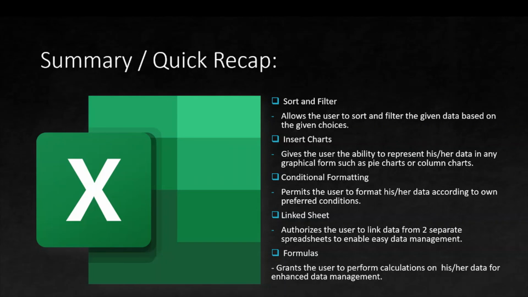For linked sheet, it authorizes the user to link data from 2 separate spreadsheets to enable easy data management. You can link sheet from sheet 1 to sheet 2, sheet 2 to sheet 3, or whatever you prefer. For formulas, it grants the user the ability to perform calculations on his or her data for enhanced data management.